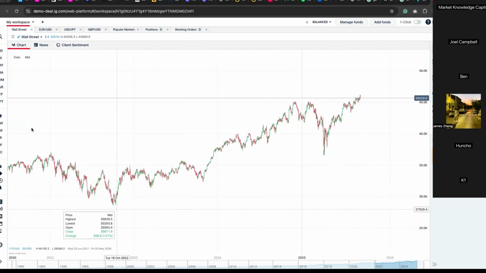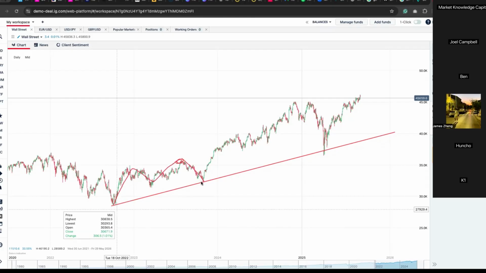So we've got our trend line here. That's our trend line. So we've gone up. So that's one up.